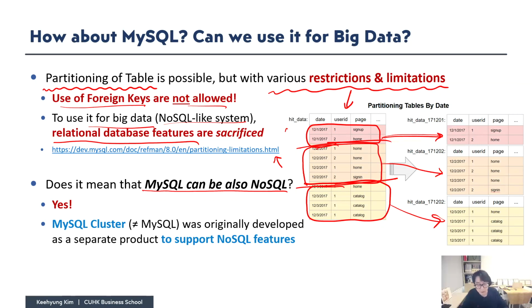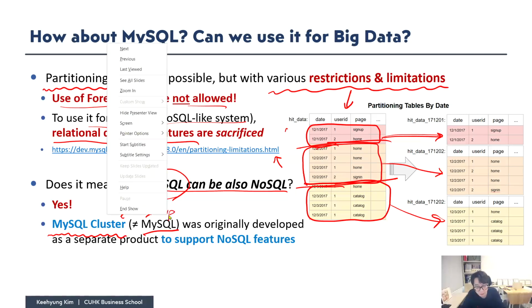In the earlier times, a few years ago, MySQL was a separate product. MySQL was there as a relational database system, and the company that manages MySQL is Oracle Corporation. Oracle Corporation made this product, MySQL Cluster. It has a similar name, but MySQL and MySQL Cluster are completely different products.